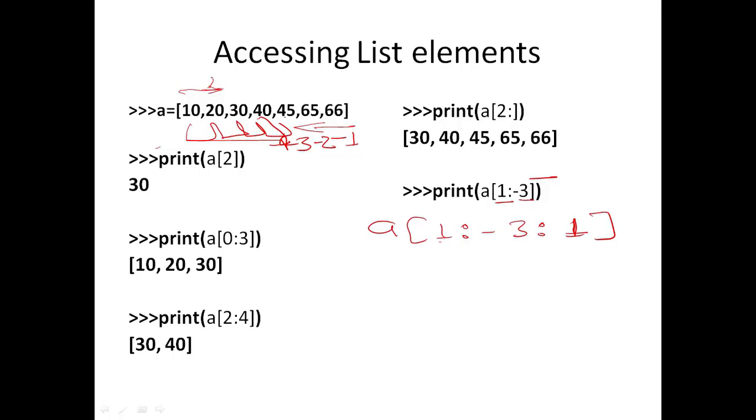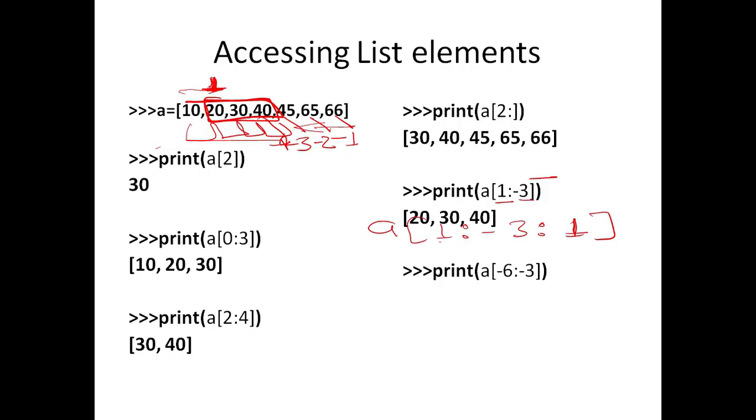So this is -4, this is -3, -2 and -1, and this is index 1. We are starting from index 1 and stopping at index -3. That means the elements will be printed from 20 up to 40. So these three elements will be printed for this statement. The answer is 20, 30 and 40.